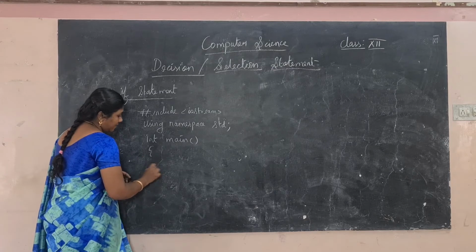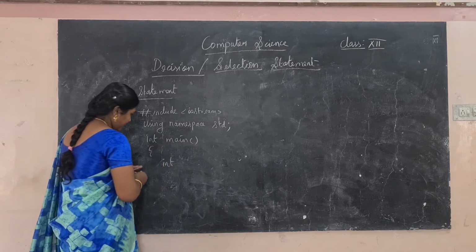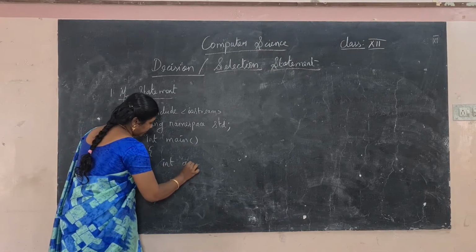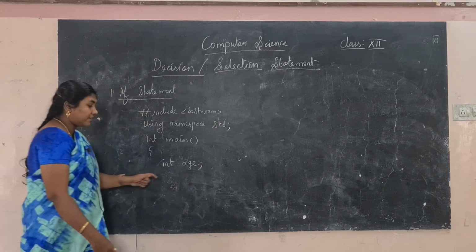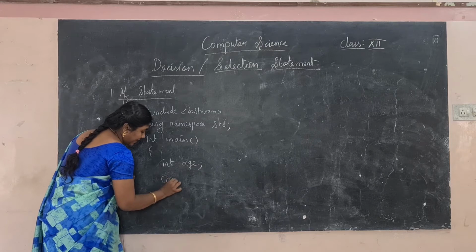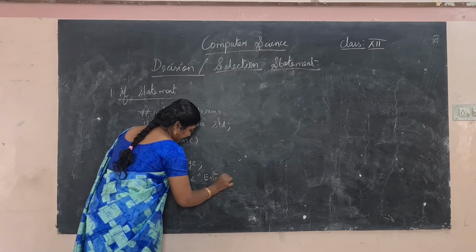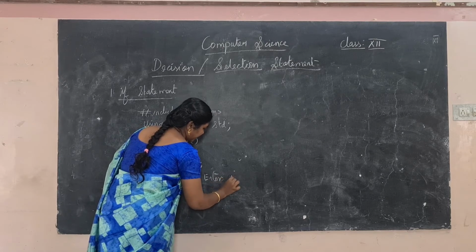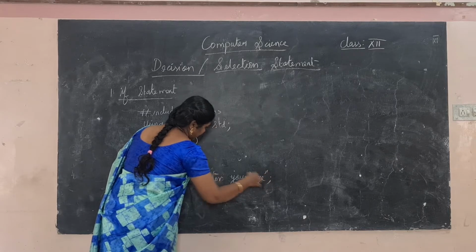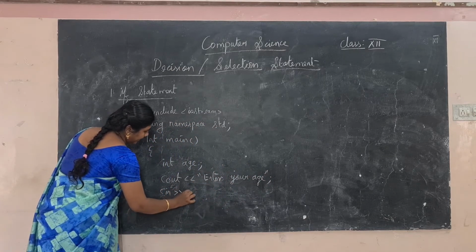Let me declare one variable: int age. I have declared a variable age with data type int. I want to get this value, so cout "Enter your age", and I am going to get that value in age.